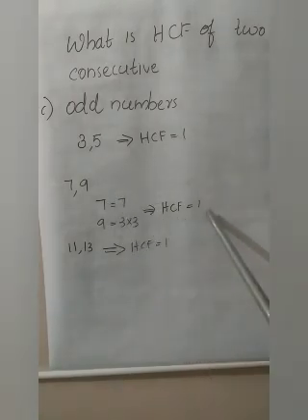No. So the HCF is 1. If you take any pair of consecutive odd numbers, they will have only 1 as the common factor. So what is the HCF of two consecutive odd numbers? 1.